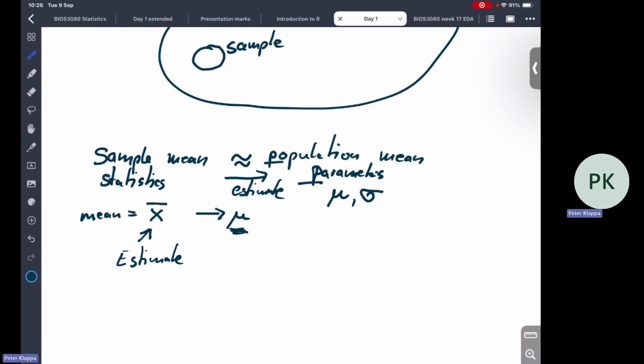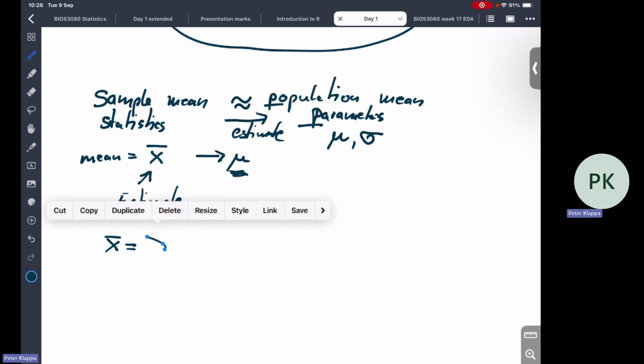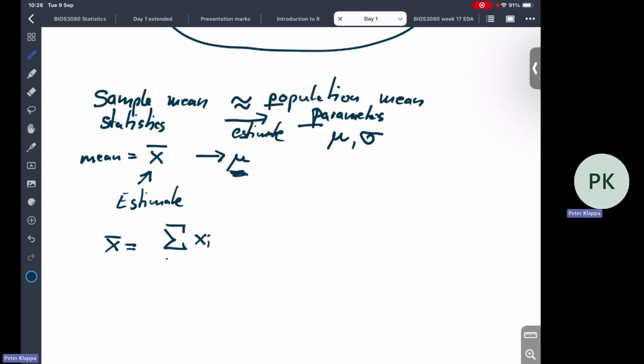So how do we find X bar? Well, that's very simple. I take all the measurements of these 10 people, for example, xi, and divide by the number of observations.